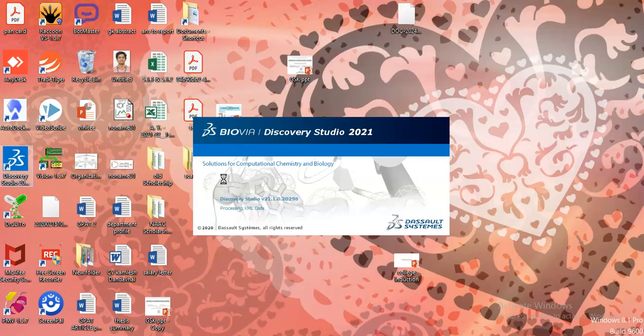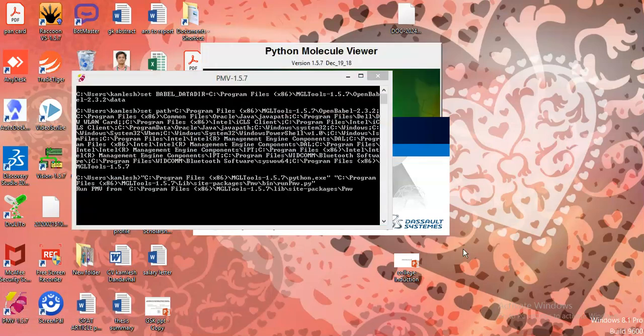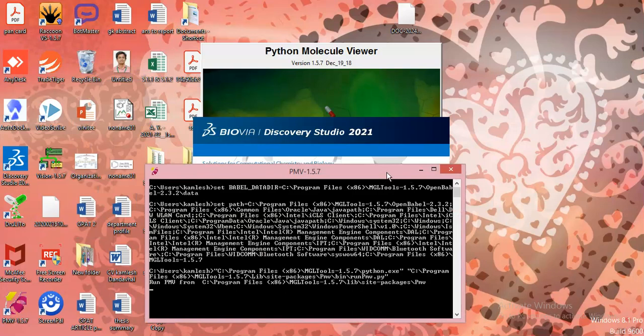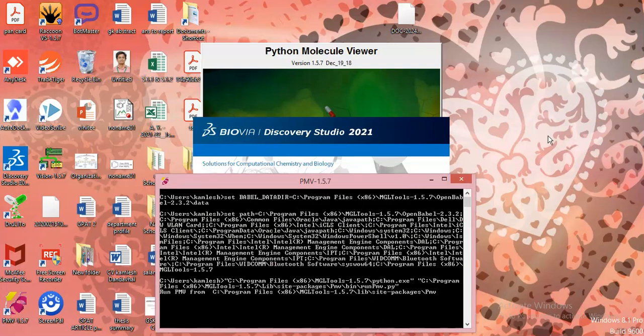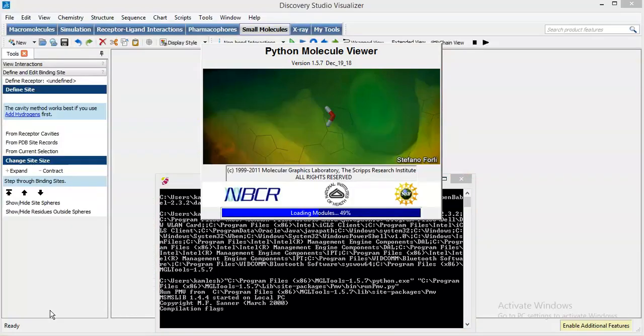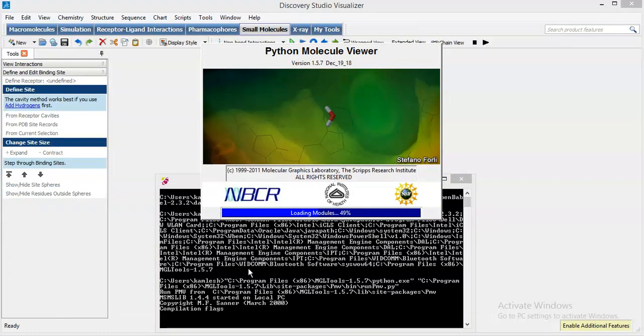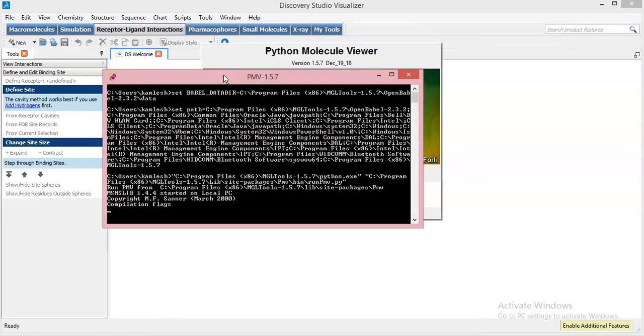For that, we are going to open Discovery Studio and AutoDock Tools again. Okay, now this Discovery Studio Visualizer is open, but some time is still required to open AutoDock.